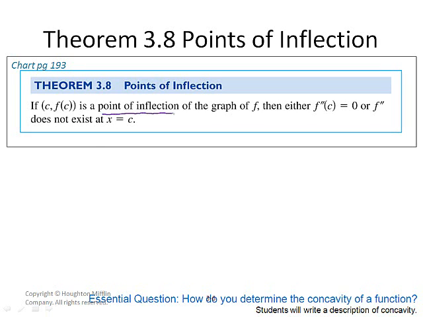If the point is a point of inflection, then either the second derivative equals 0 or the second derivative does not exist, meaning somehow it gets undefined somewhere, right? So if you have a point of inflection, either your second derivative is 0 or your second derivative does not exist. Those are our two options.